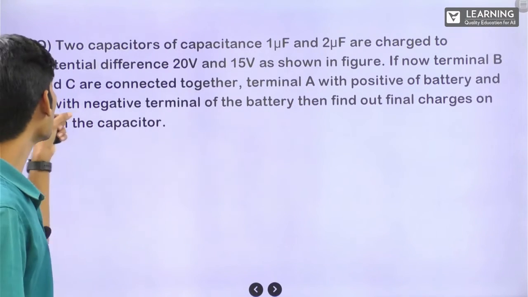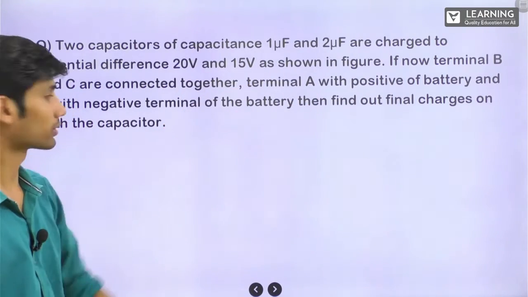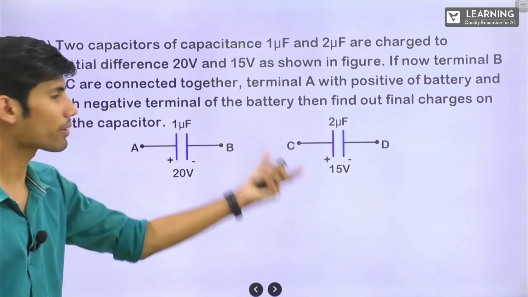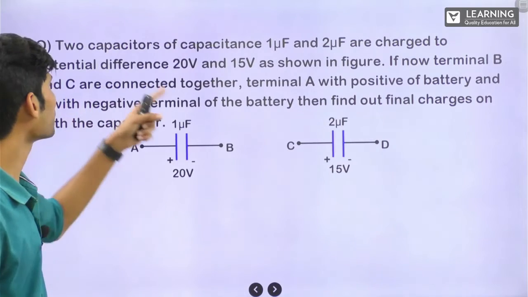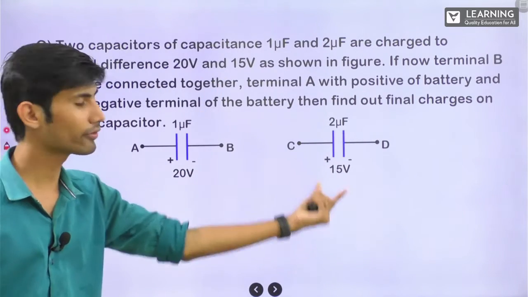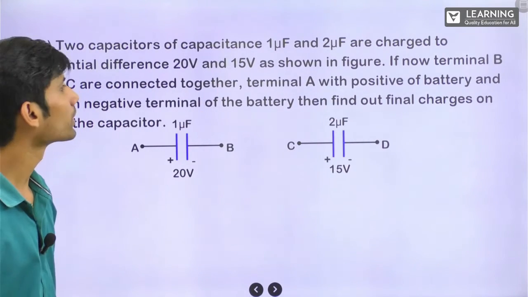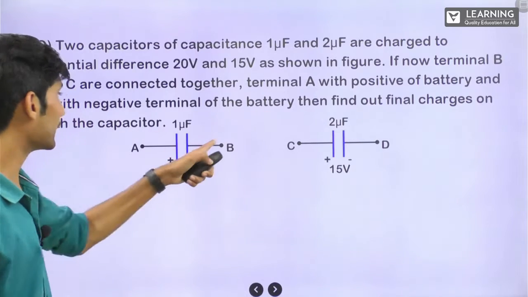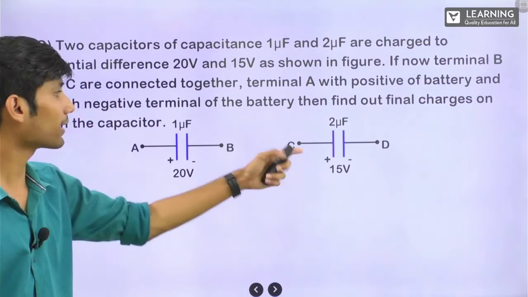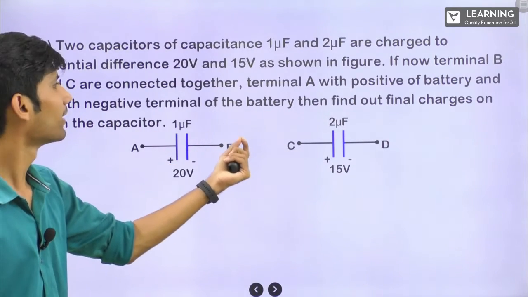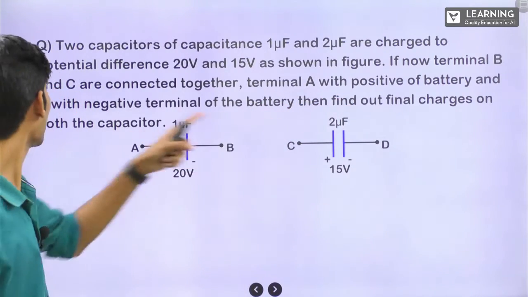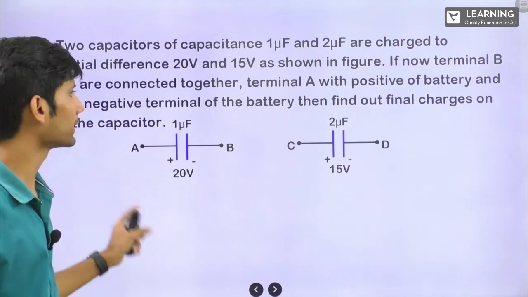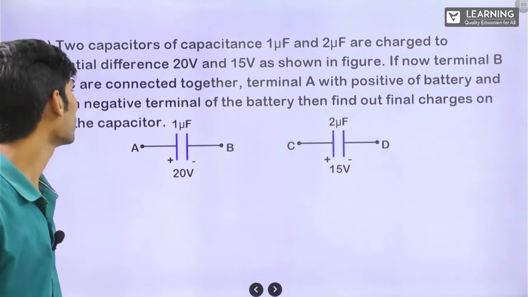If now terminal B and terminal C are connected together, terminal A with positive end of the battery and D with negative terminal of the battery, then find out the charges on both the capacitors.